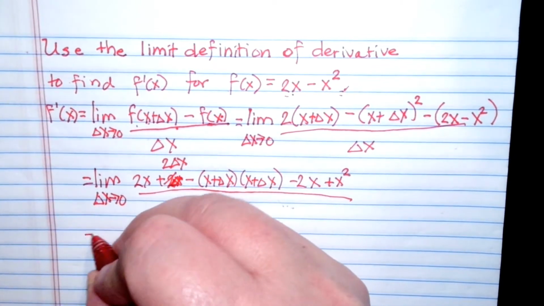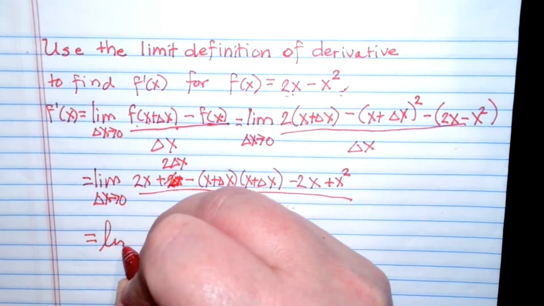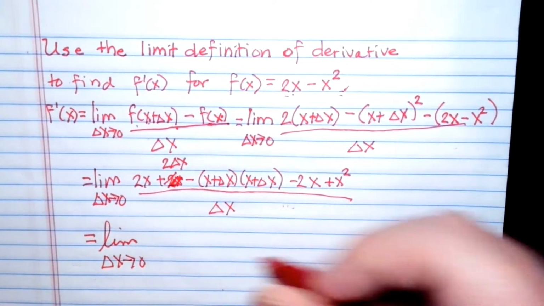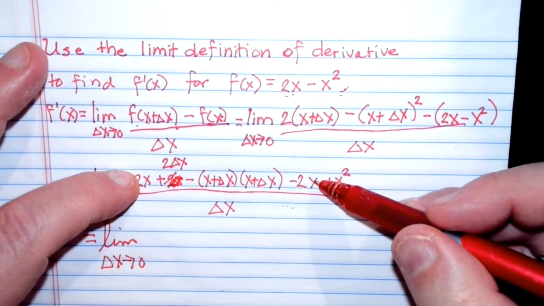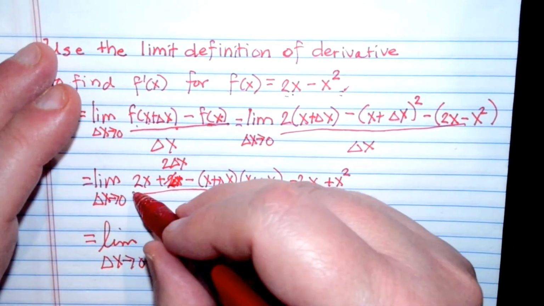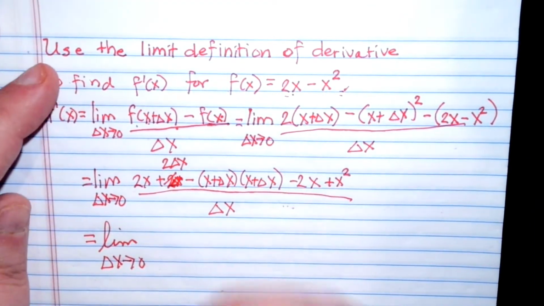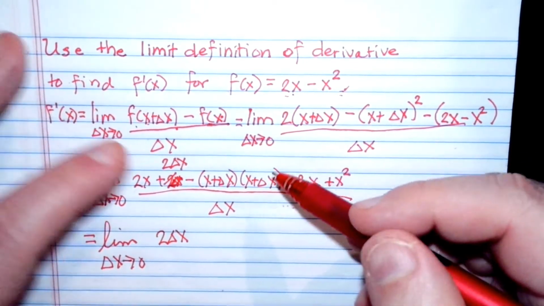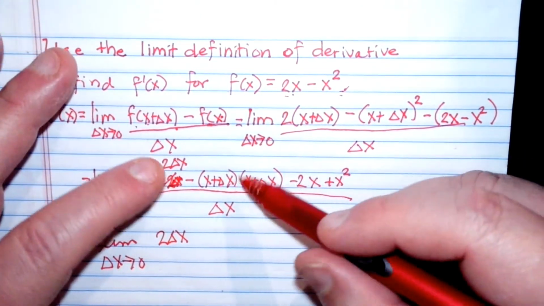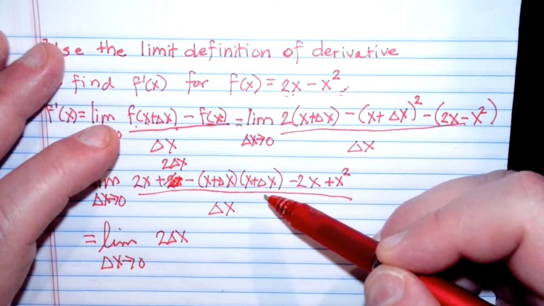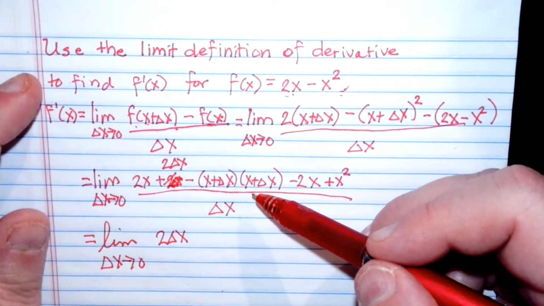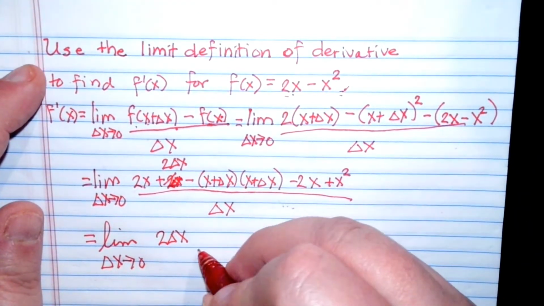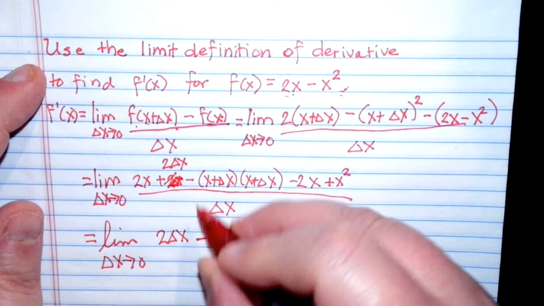Alright, so let's continue. If you'll notice, you've got a 2x and a minus 2x. Those are going to add up to 0, so I'm going to just get rid of those. And so we're going to have 2 delta x, and now I'm going to multiply x plus delta x by x plus delta x. So x times x is x squared, but we're subtracting, remember.